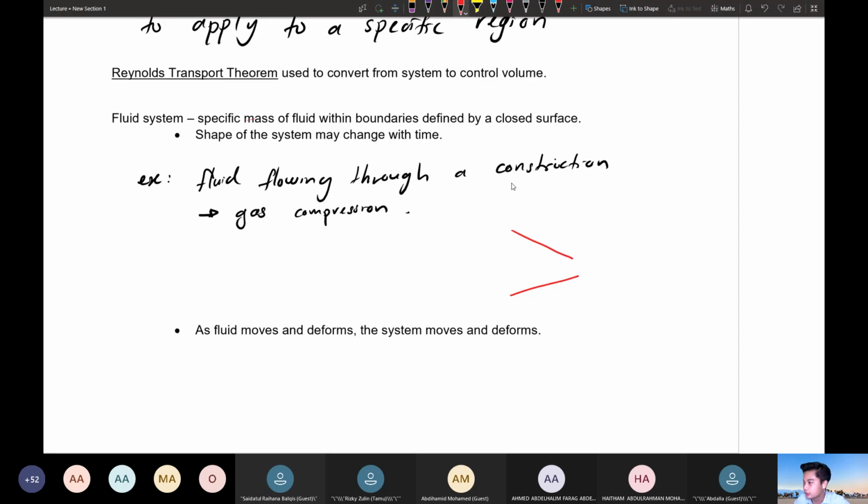Can you see this is the constriction? It is narrowing down, and then we have the fluid flow. Okay, this is the compression. So the fluid flows, and the region of this is the fixed region we call a control volume. Okay, the system is actually the whole of the fluid. It is the moving of the water from point A into point B. So you can see the shape of the system may change. However, the control volume is fixed.